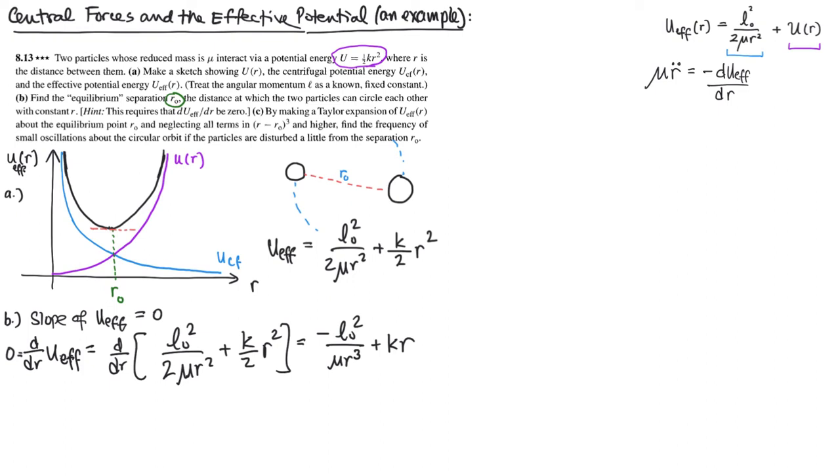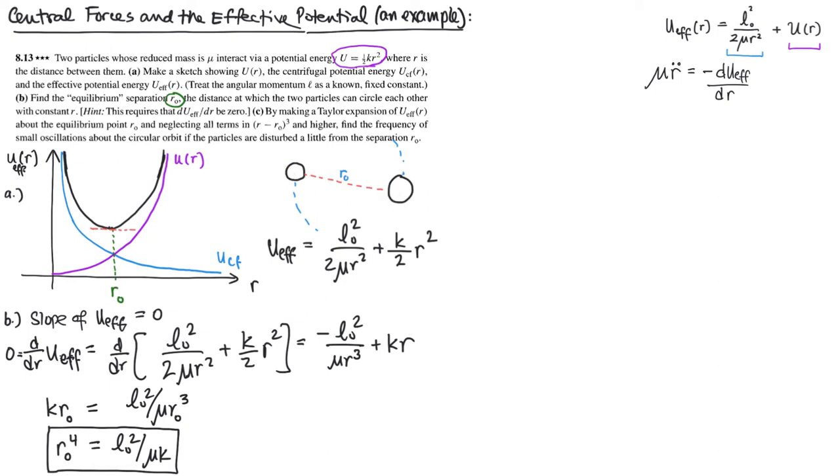So that tells us that k times r naught is going to equal L naught squared over mu r naught cubed. So from that we find r naught to the fourth power is equal to L naught squared over mu k. So there is a specific value of r naught for a given angular momentum that will give you a circular orbit. In other words, these two particles move around each other at fixed separation.